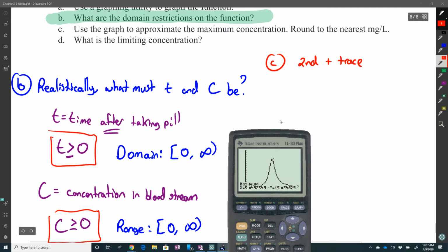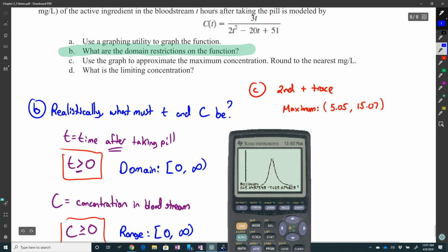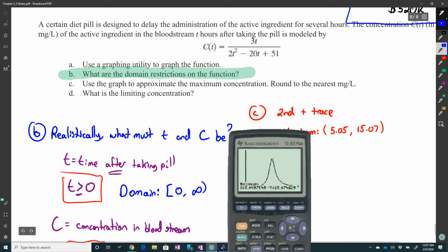So use the graph to approximate the maximum concentration. So we have a maximum of x is equal to 5.05 and y is equal to 15.07. Okay. It seems like a lot for a concentration.